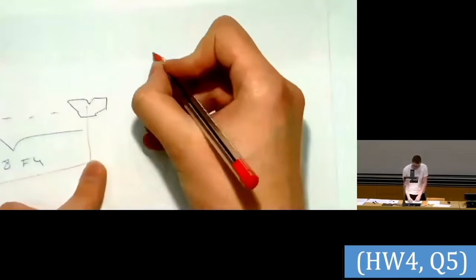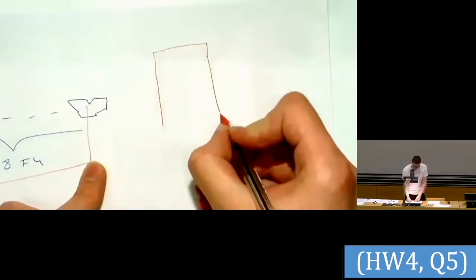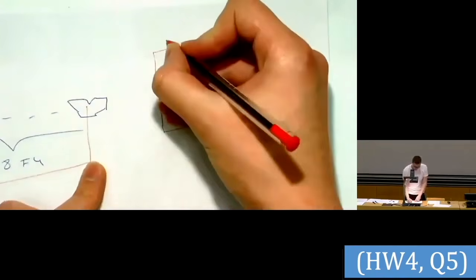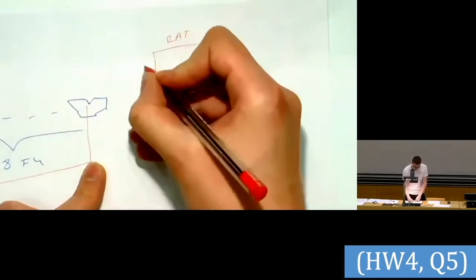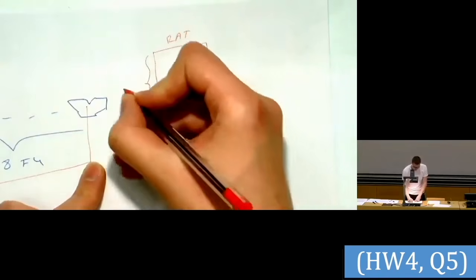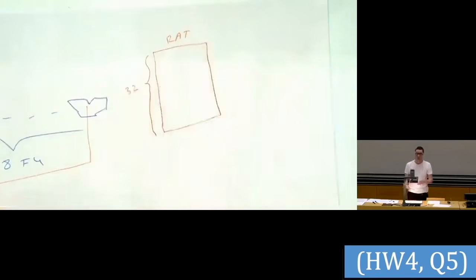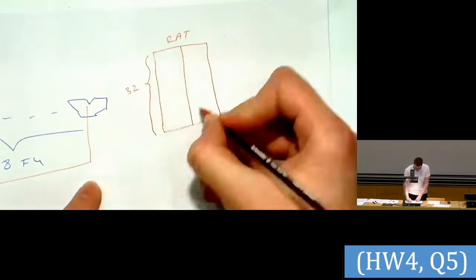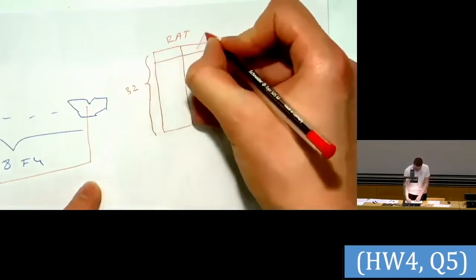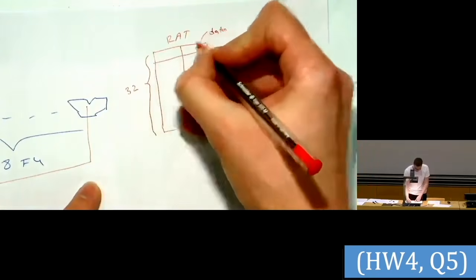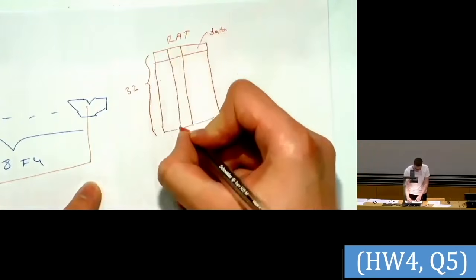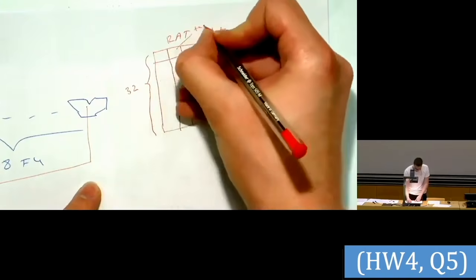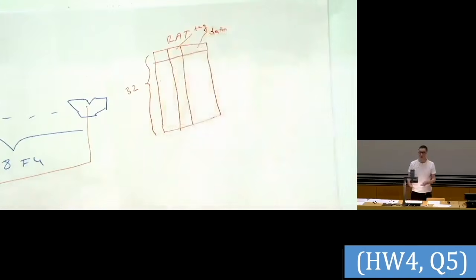If I draw this, the register alias table will have 32 entries, because we have 32 architectural registers. And then it will have a data field for each entry. It will have some tag field, and it will also have some valid bits.